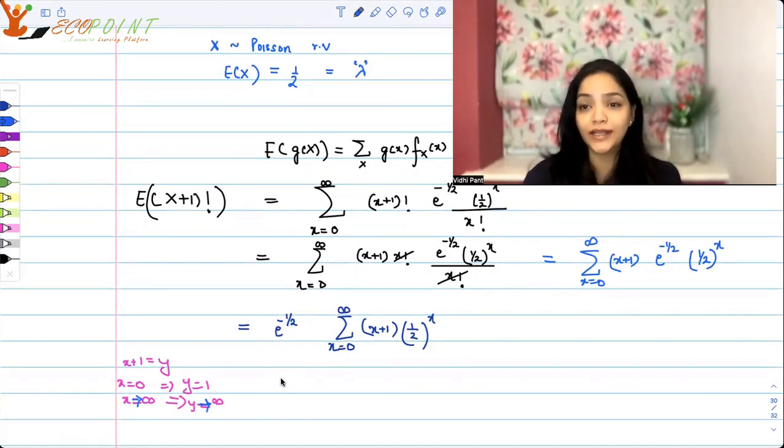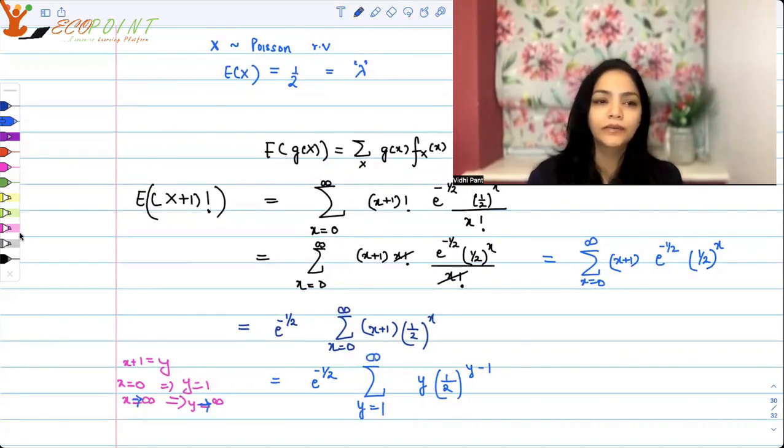We don't know what exactly infinity is, so we generally say tends to. Any which way, the summation becomes the summation of y times half to the power y minus 1, where y goes from 1 to infinity.